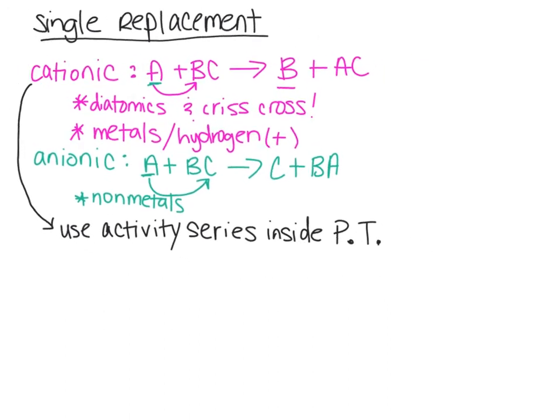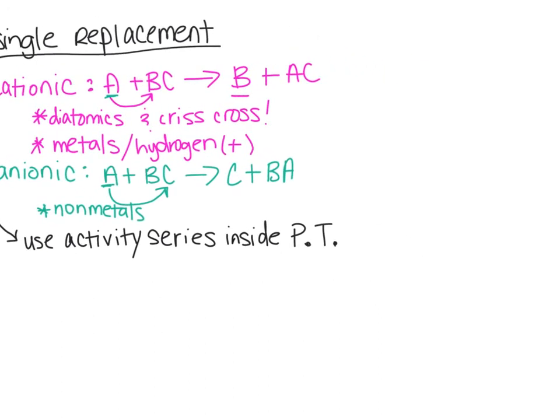We'll add something to it in just a second. What I'm going to have you do is take a look at your periodic table, open it up to the inside, and I will put up here what you are looking at.